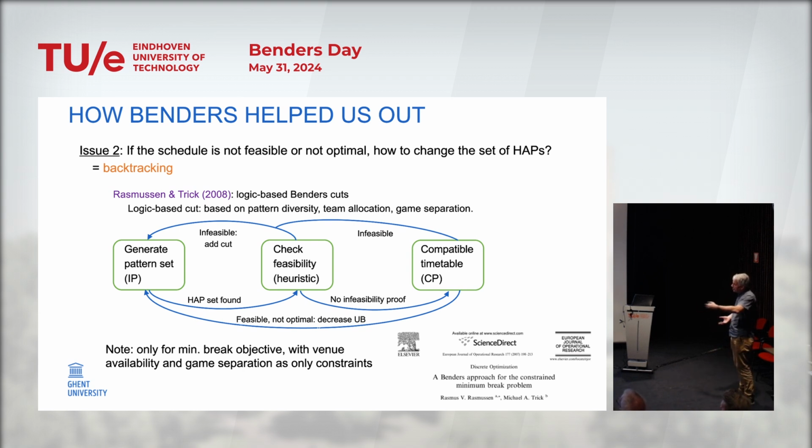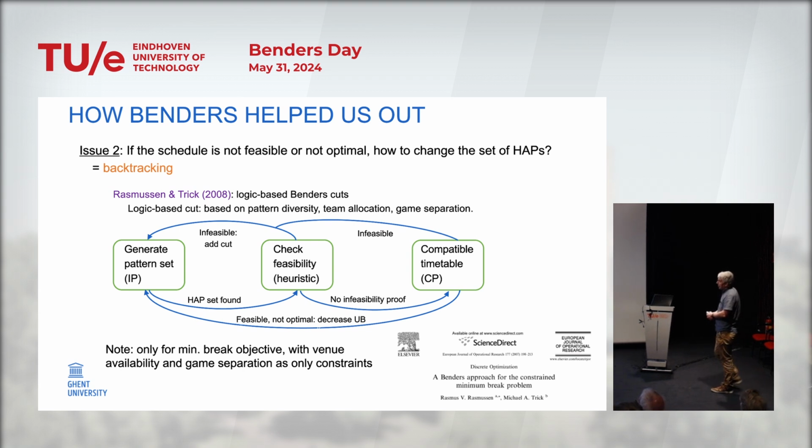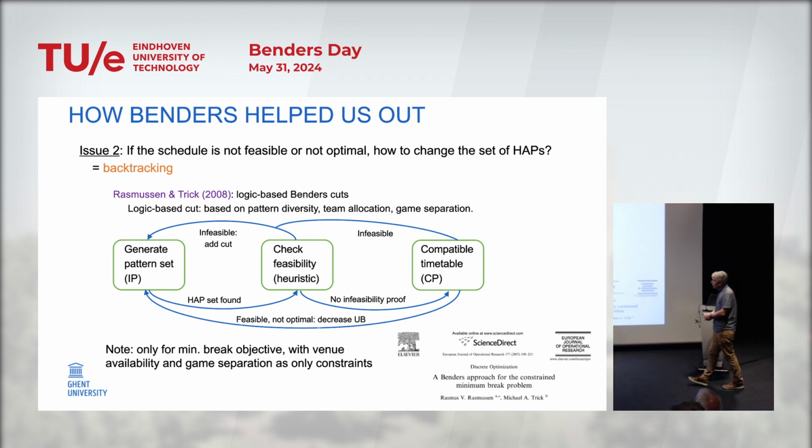So for a long time, this first break then schedule idea was basically run with some kind of complete enumeration without a real backtracking. But in 2008, Rasmussen and Trick came up with this logic-based Benders cuts, where the idea is, they start from generating a set of patterns using an IP, and they check whether that pattern set is feasible using constraint programming.